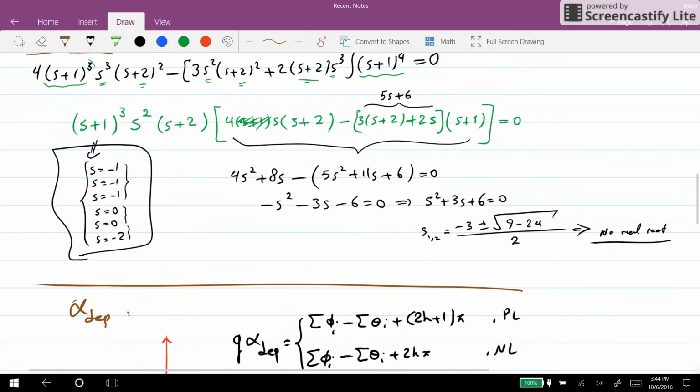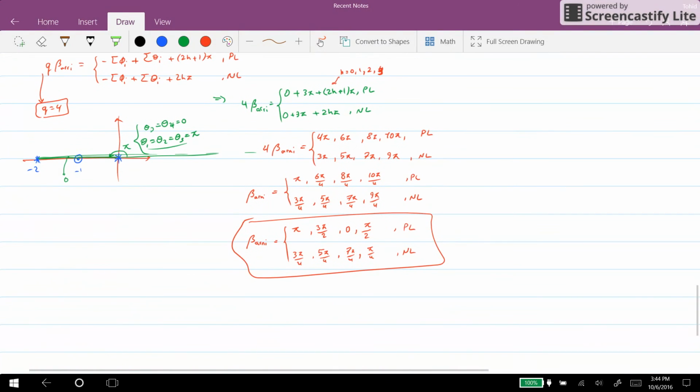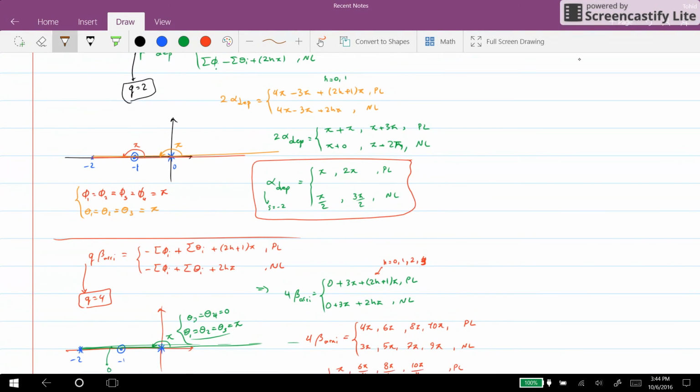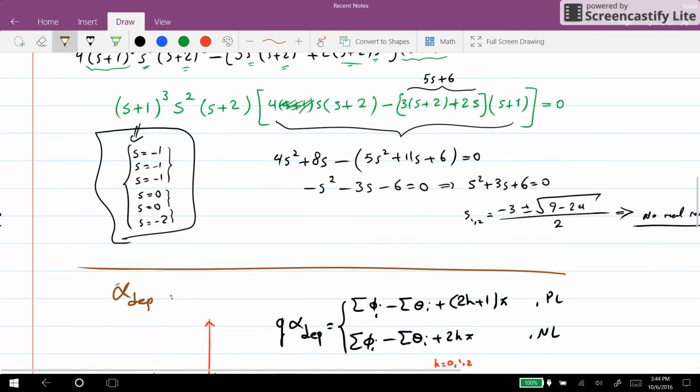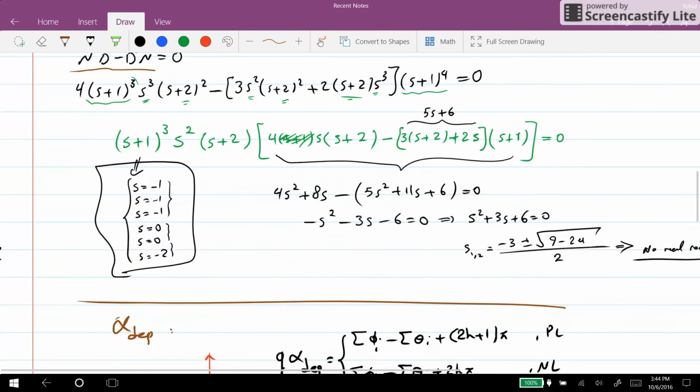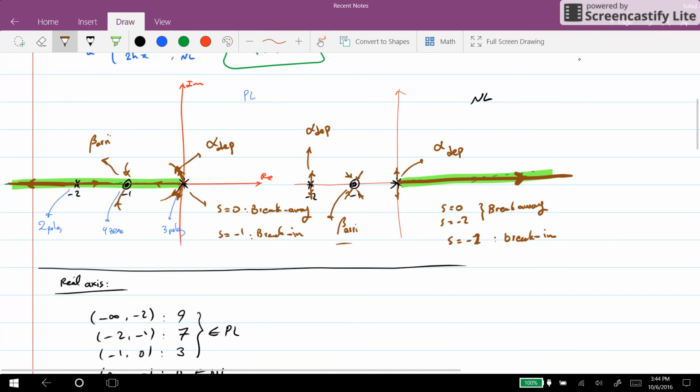For the pole at -2, we have angle of departure equal to pi and 2 pi, and that's what we indeed have here, pi and 2 pi or 0.